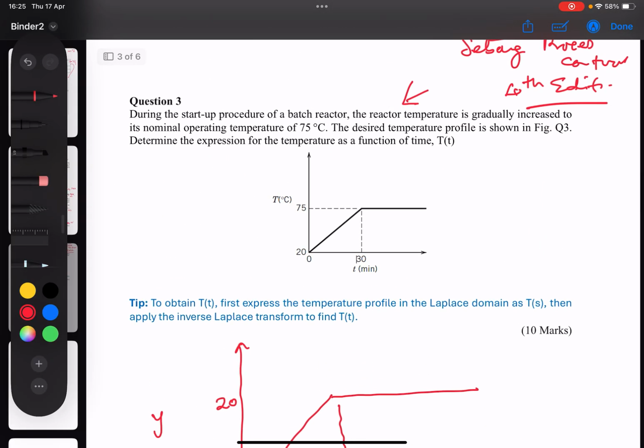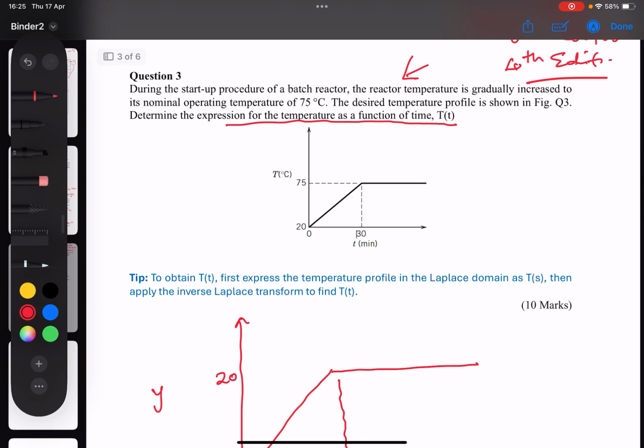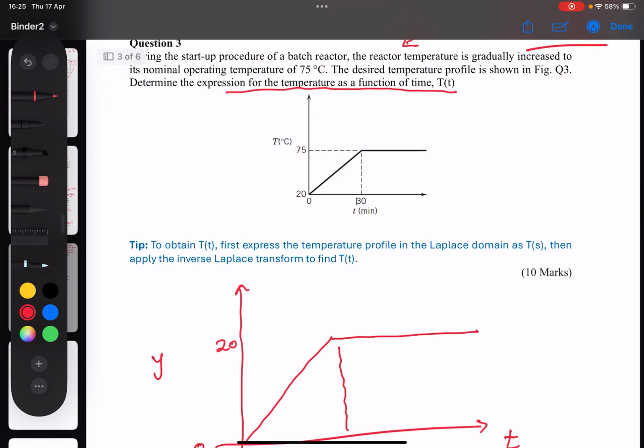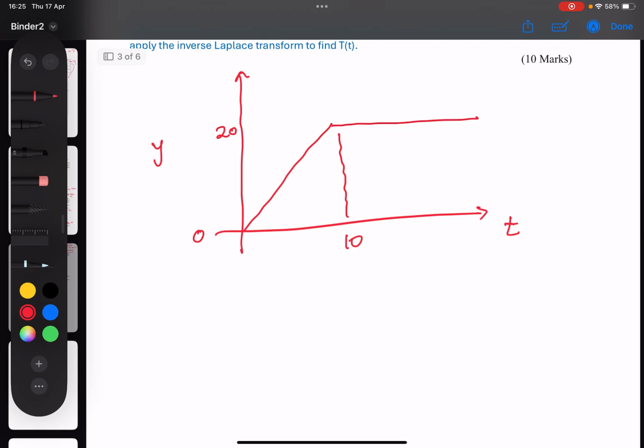Because the question is asking to determine the expression for the temperature as a function of time. So capital T is referring to the temperature, small t is time. So I'm going to use this one, much easier.